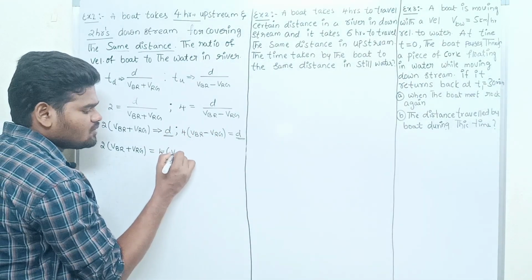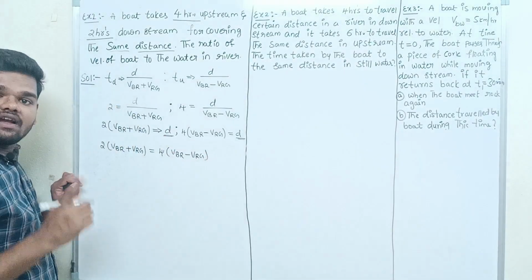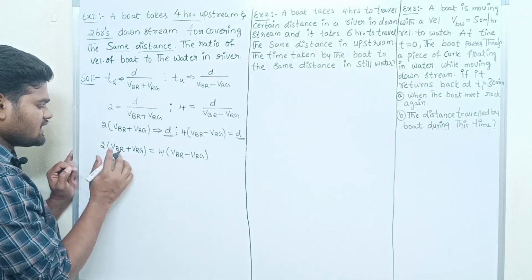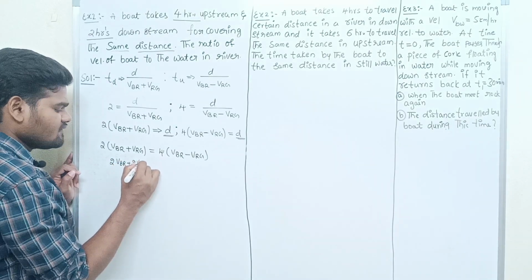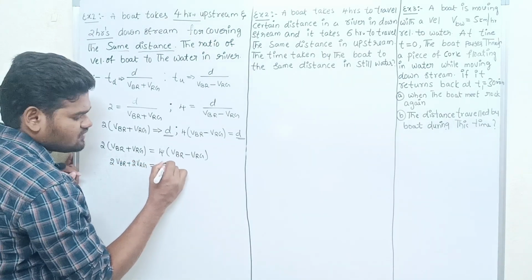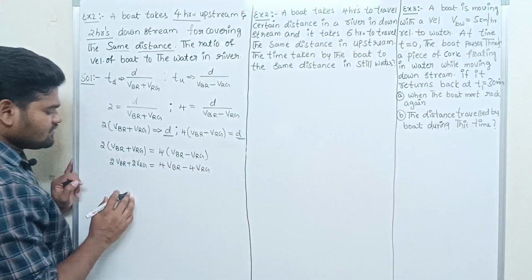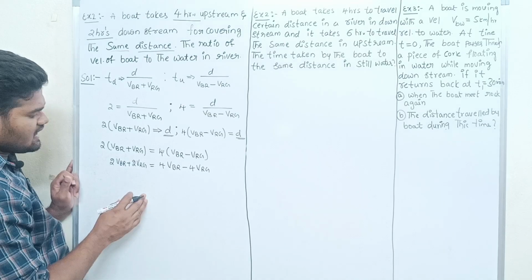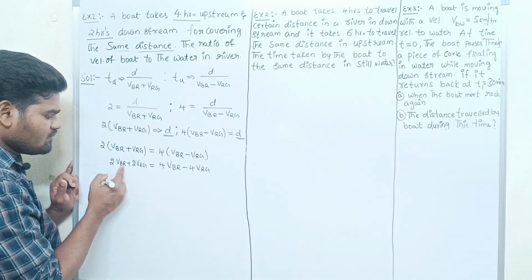So here we have 2 into (VBR plus VRG) is equal to 4 into (VBR minus VRG). Are you getting it? Okay. So just multiply with 2. 2 VBR plus 2 VRG is equal to 4 VBR minus 4 VRG. So bring all the VRGs to one side and VBRs to one side. Here 2 VBR is there.